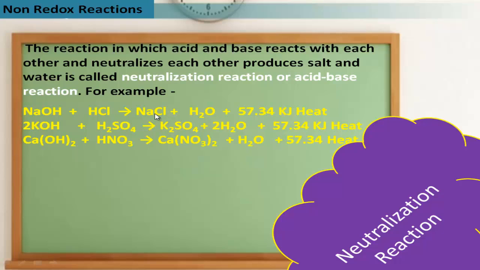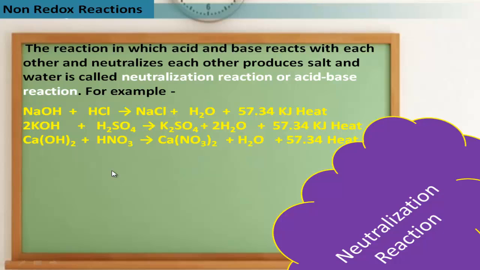The only reaction occurs between the hydroxyl ion of the base and the hydrogen ion of the acid, producing water and heat. This is an exothermic reaction, and the amount of heat produced for the production of water is fixed. In each neutralization reaction, the amount of produced heat is fixed.